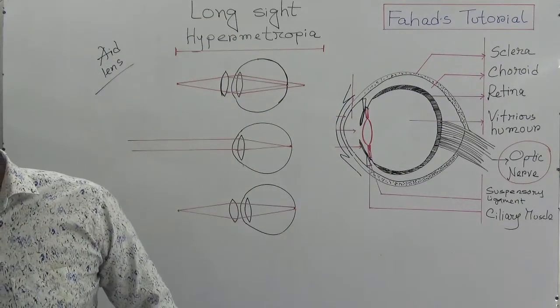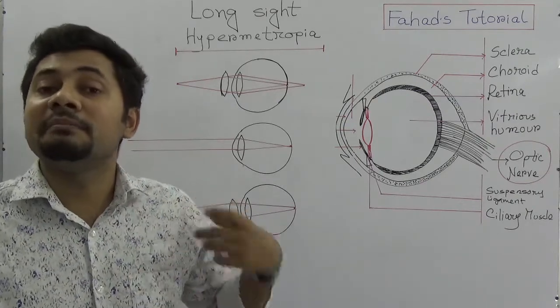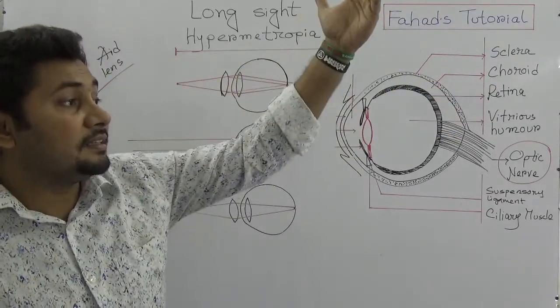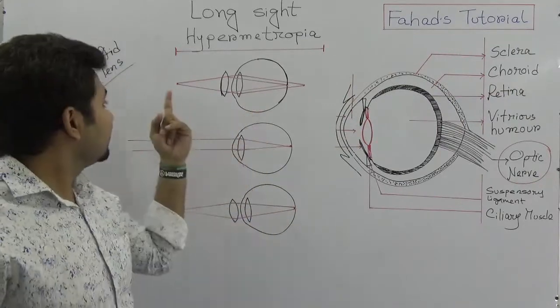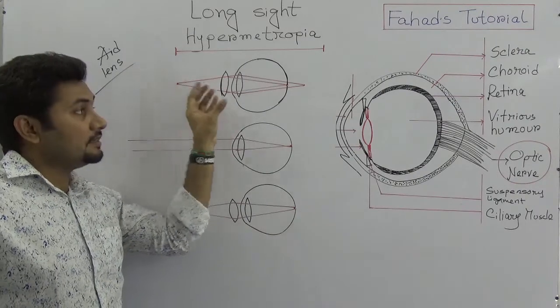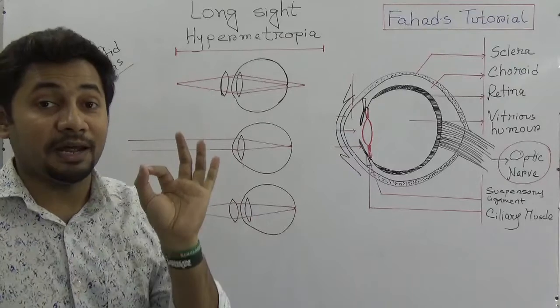So hopefully, for those who are facing this trouble, long sight or hypermetropia means those persons can see the distant object clearly but not the nearer object, because when light rays from the nearer object fall into the human eyes, the meeting point is far from the retina, so it's getting blurred.